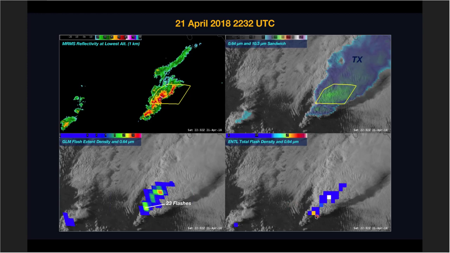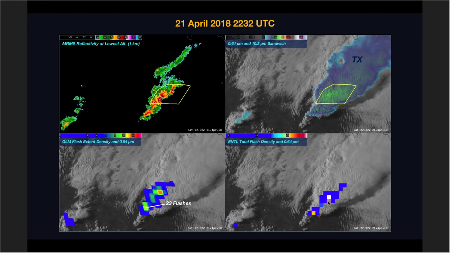These are very isolated pixels here, and you can see the maxes within the GLM flash extent density footprint, and it may potentially be easier for the forecaster to gravitate towards. I'm not sure. It is for me, just because of that reason.